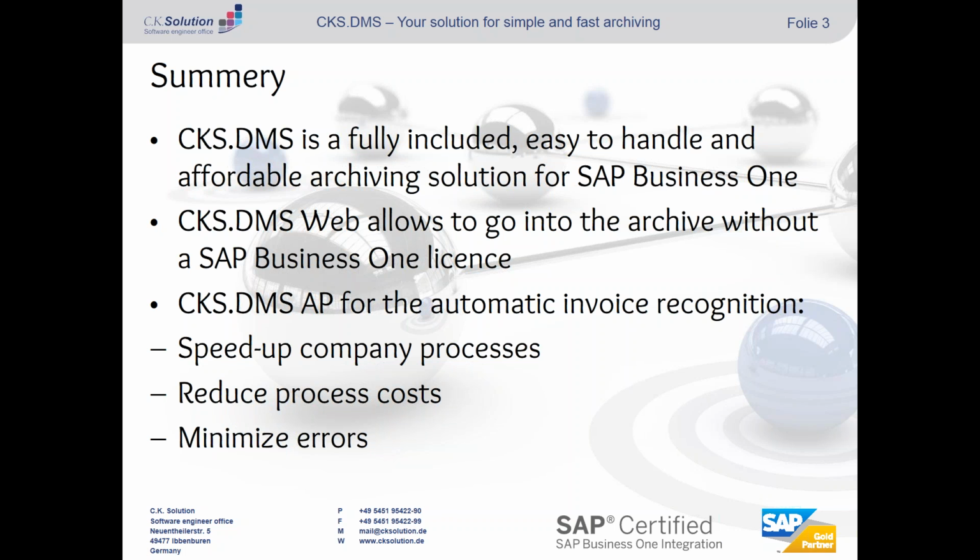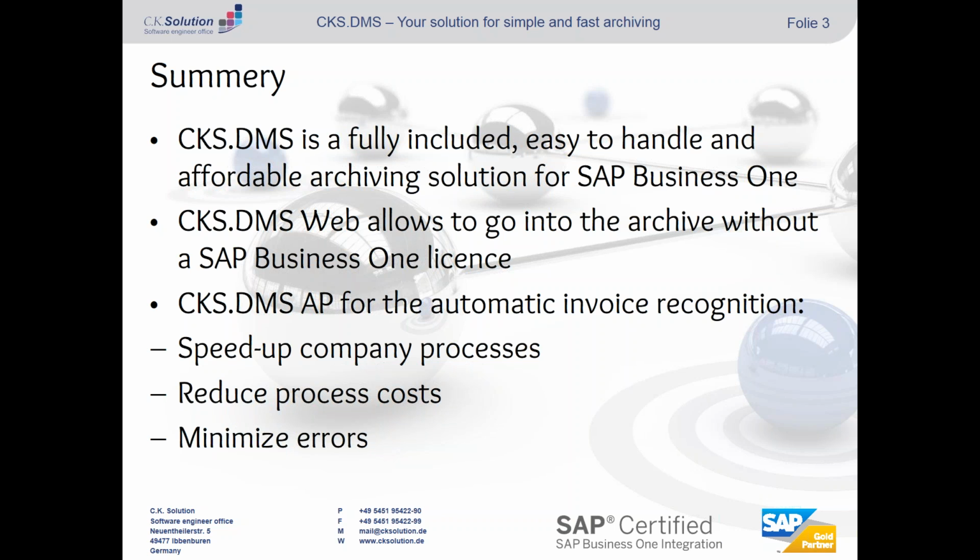The CKS DMS Web allows you to go into the archive without a SAP Business One license. This could be for colleagues who have no license for SAP Business One, or for company-external people like financial consultants or something like that.